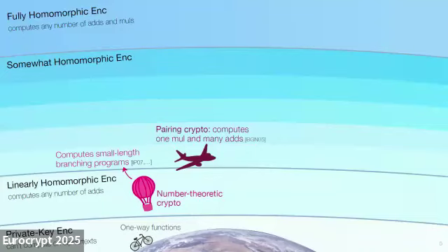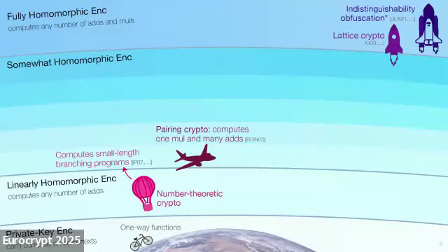So this is one multiplication and many additions on encrypted data. And in 2009, we learned that using lattices, we can get all the way to FHE, and also that we can get there using the machinery of IO. But really, this is it in terms of the approaches we have to homomorphic encryption. And in particular, if we want to homomorphically evaluate polynomials of degree 2 or higher, really lattices and then pairings are all that we have.